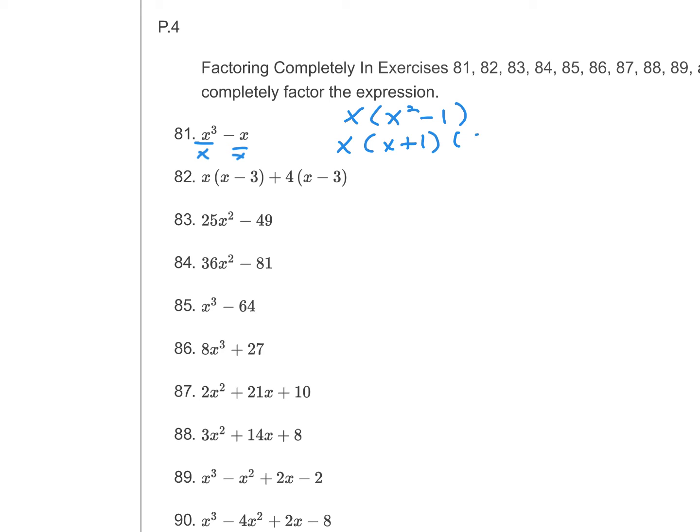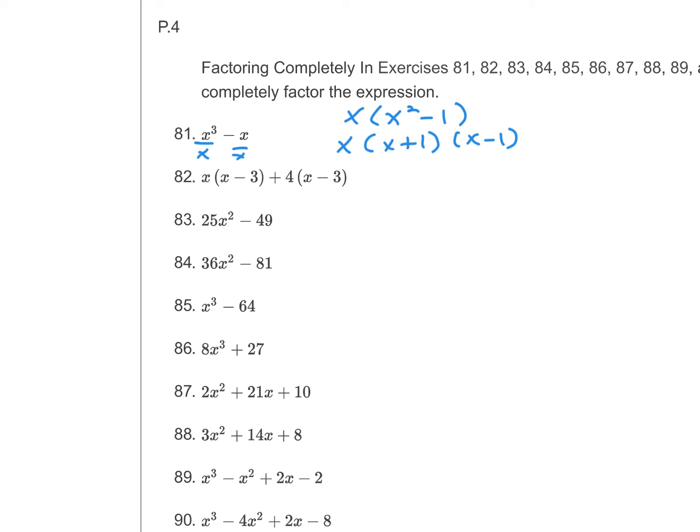So on these, after you pull out the GCF, if you fail to keep going, you're going to lose most of the points. So just remember to keep going on the factor completely, and it'll be a difference of 2 squares. Again, none of the trinomials after you factor out the GCF will need to be factored further.